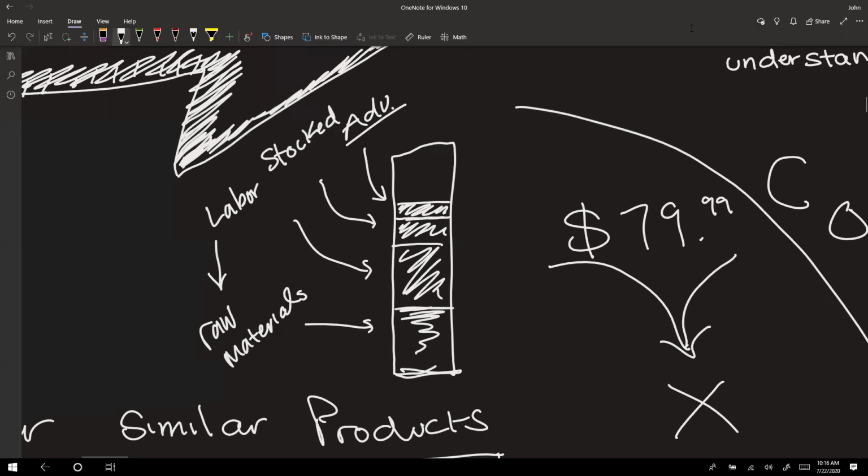So if you spend $1 million in advertising and you sell 1 million shoes, then what you're going to do is spread out that $1 million in advertising to each one of those shoes that you sell to cover the advertising cost. So each one of those shoes, you're going to say, okay, we are going to price it $1 more so that we can cover our advertising costs.